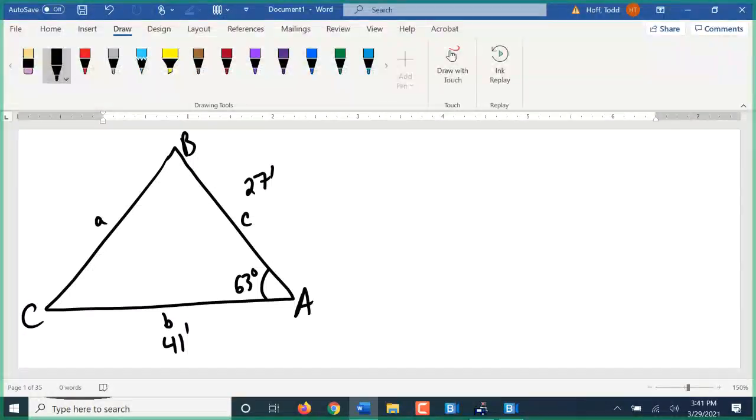Now, when we look at this example here, one issue. The formula is still two sides and the angle in between them, but the angle is not angle C, is it?